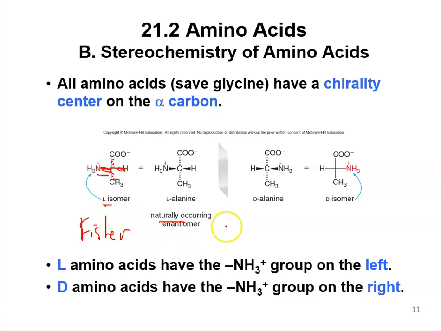You remember we have L and we have D. All of the L, we'll call them the left-handed form, is the naturally occurring. L amino acids have the NH3 on the left side, where D's have them on the right side. But all naturally occurring are the L. No plant, animal, or any living organism has any D amino acids in it.